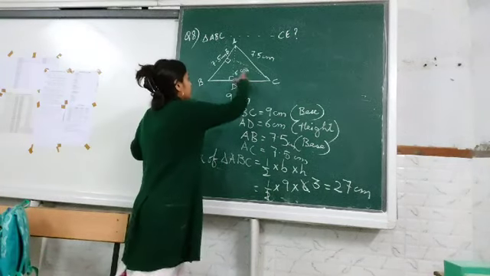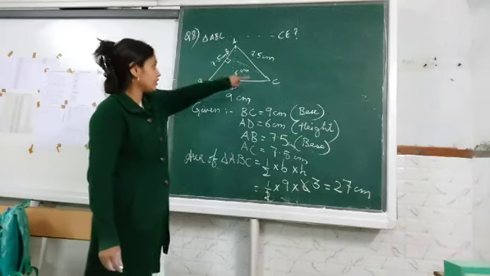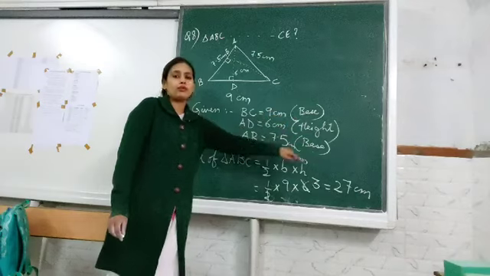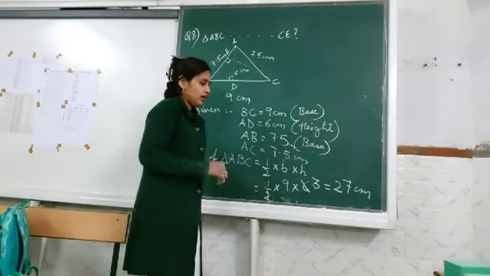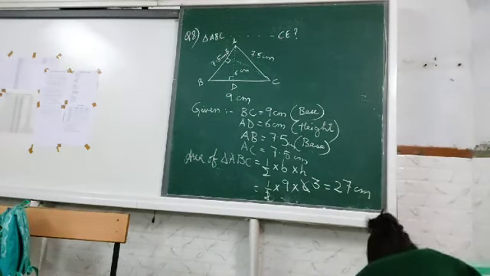Now we have to find what? We have to find CE, the length of CE. So now again we take this as height and this as base, and we know the area. From the formula of area we get the height, that is the length of CE.